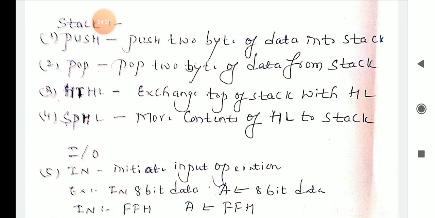Whatever data contents are there, you can move directly to the HL register. Exchange top of stack with HL means you have two registers, one for HL and the other for DE, and you take two stack memory locations. One can be HL and the other DE, and you can exchange them. HL will be exchanged with DE. That is XTHL, exchange of top of the stack with HL.